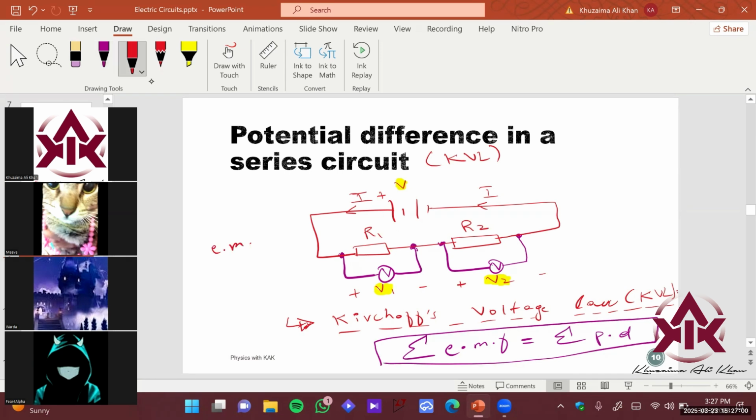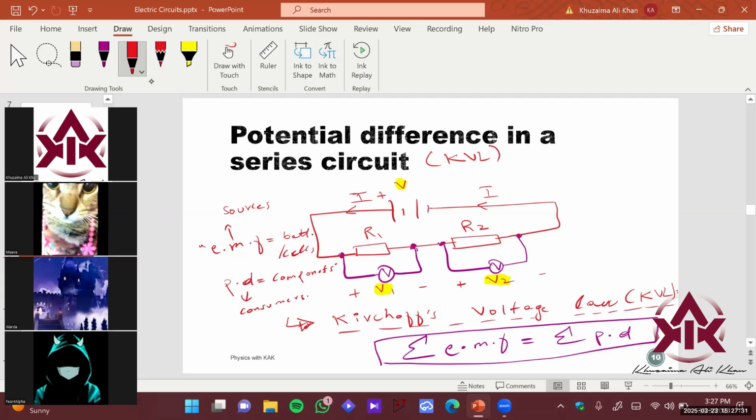EMF is only for the batteries or the cells, and all the other components consume potential difference, which include resistances, lamps, diodes, thermistors, LDRs, and so on. These are known as sources, and these are normally called consumers. They consume the voltage.